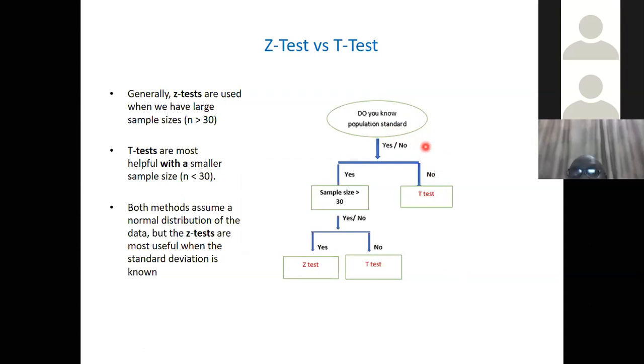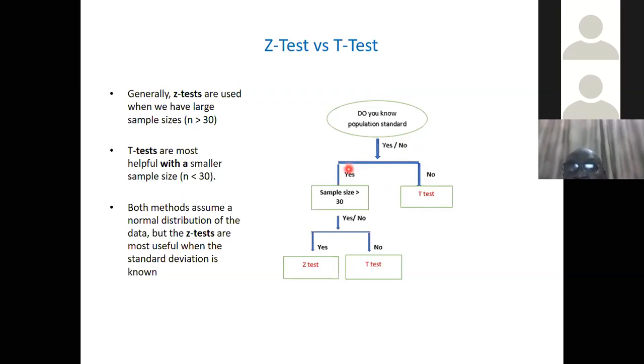Do you know the population standard deviation? The population standard deviation is required for you to use the Z test. If you don't know it, you cannot use the Z test. So that is why, if it is no, T test.